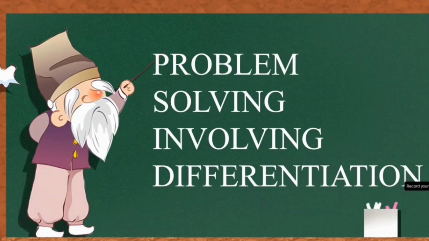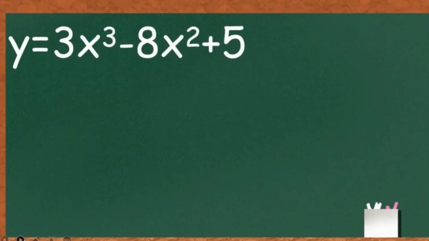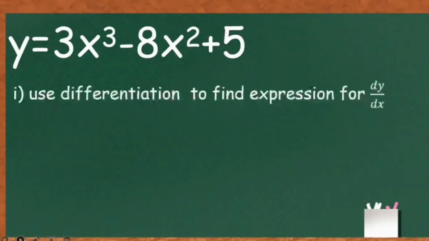Today I would like to discuss about problem solving that involves differentiation. For the first problem, we have the equation y equals 3x cubed minus 8x squared plus 5. The first question is, use differentiation to find an expression for dy dx.